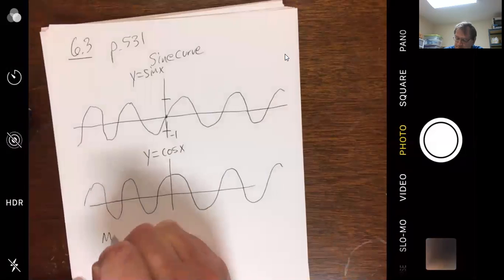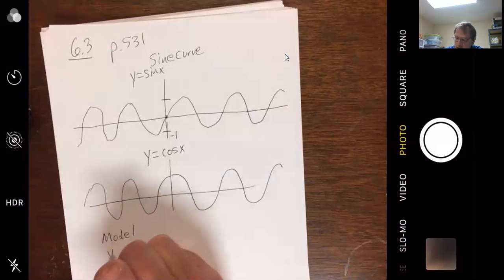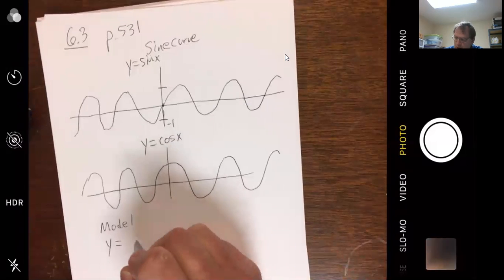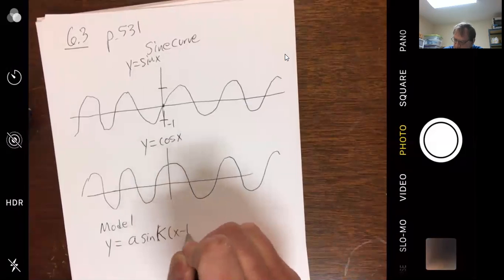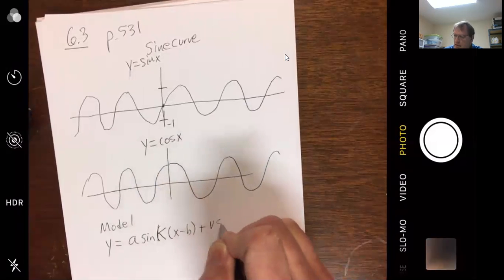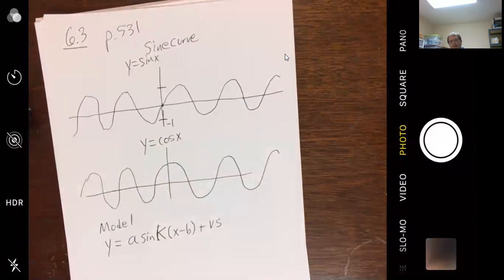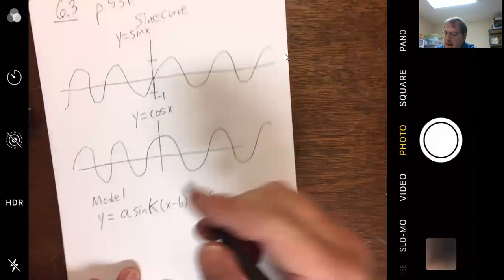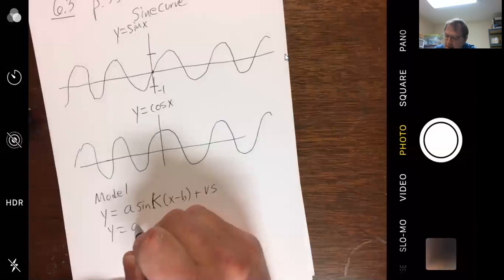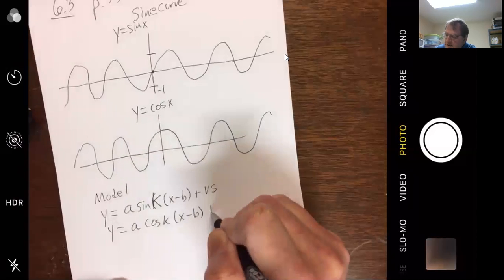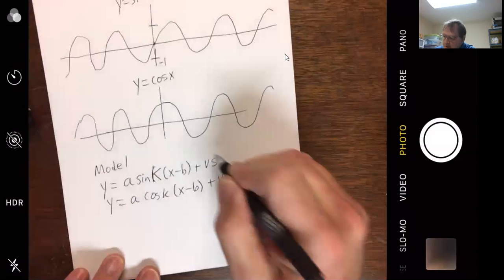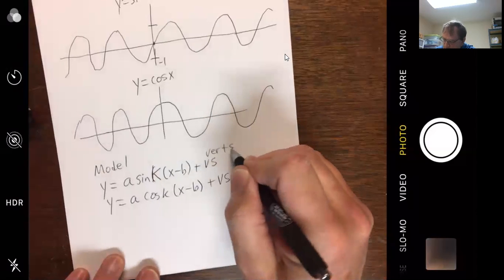The model is y equals a sine of k times x minus b, plus, I like to show a vertical shift, and y equals a cosine of k times x minus b plus a vertical shift.